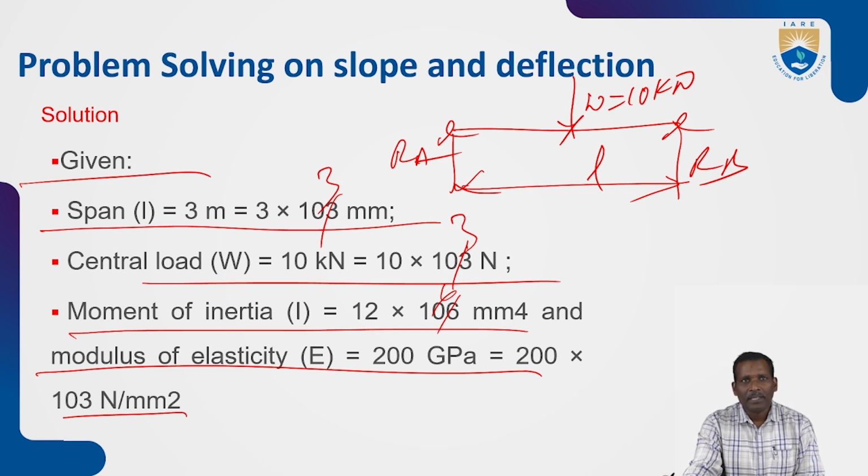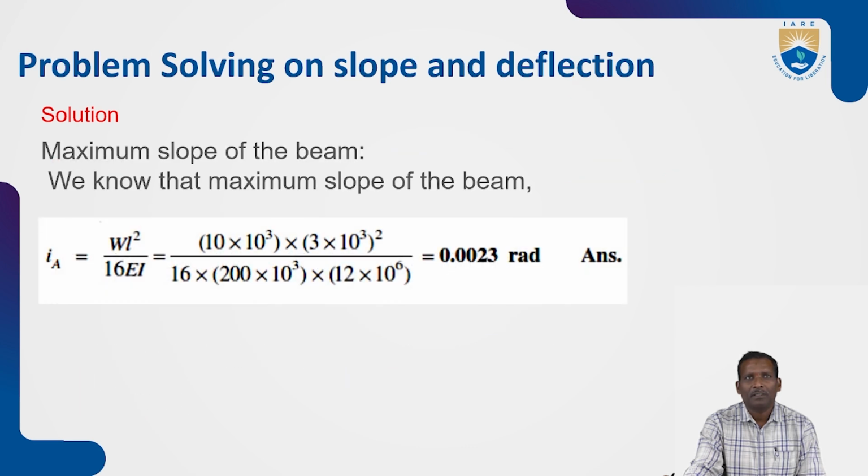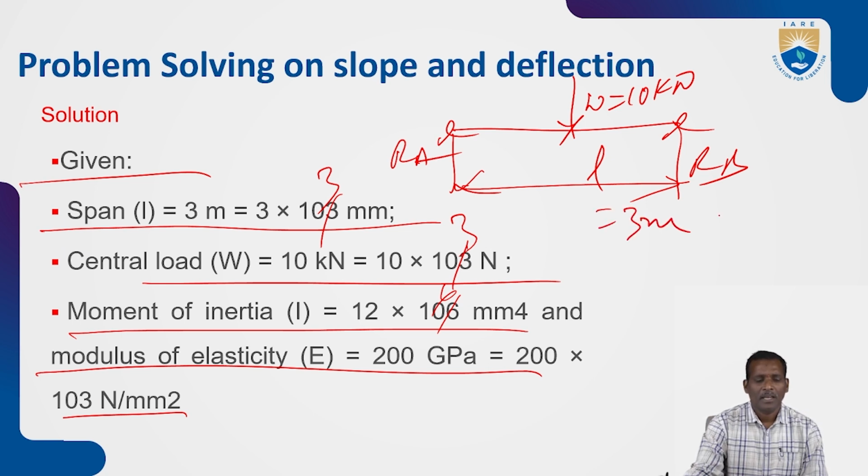The given data have to be applied for slope and deflection calculation. So what has been given? The span, the length of the beam, is 3 meters, W is 10 kilonewtons, and the moment of inertia and modulus of elasticity are given.